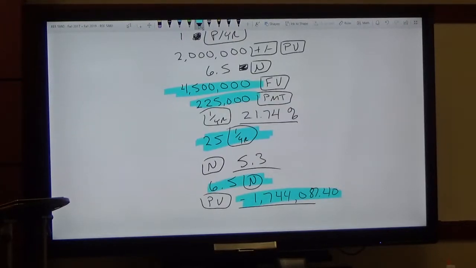Okay. What I'm trying to illustrate here is how you can change one variable to get to what you want to achieve.